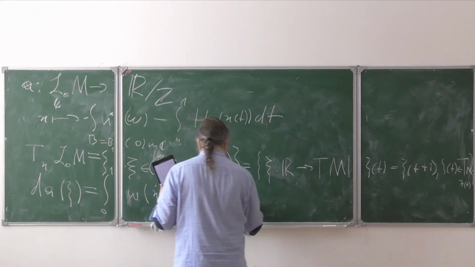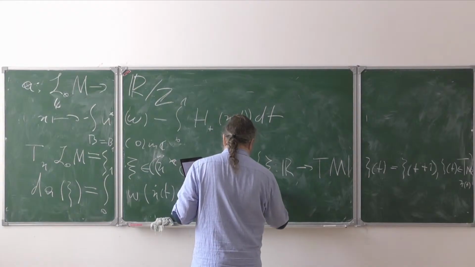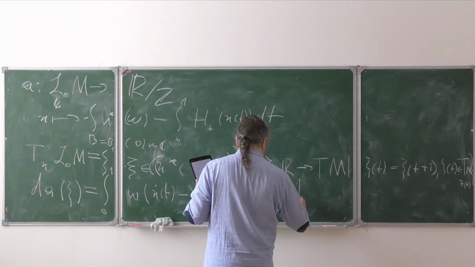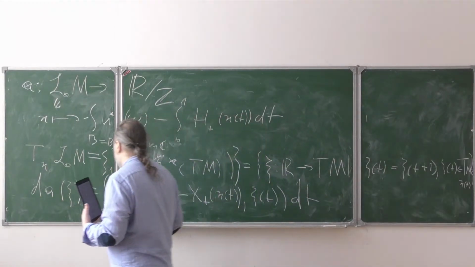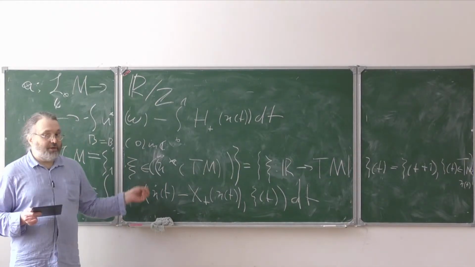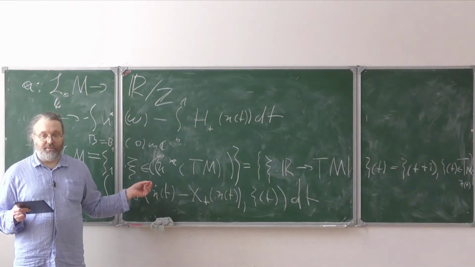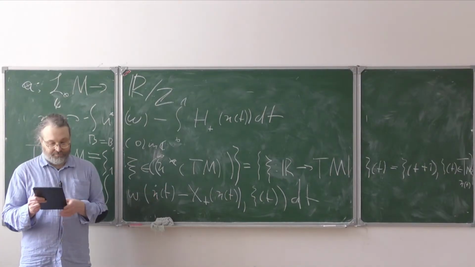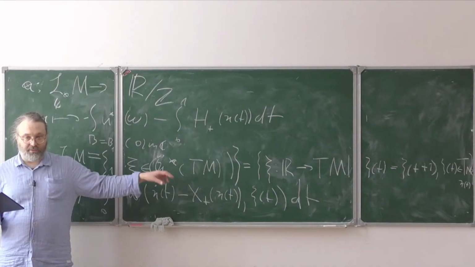Okay, so this is the first argument. The second argument is psi of t, and we integrate along dt. Now, last time we checked that the signs match, so there aren't any problems with the signs. We checked it last time.